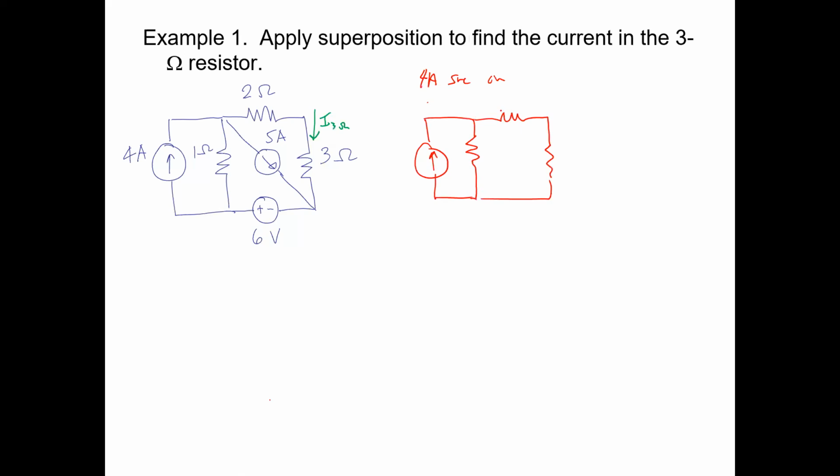And we're turning off the 5 amp source, so there is an open circuit there. And we're turning off the 6 volt source, so there's a short circuit there. And we're trying to find I1, which is the contribution to the 3 ohm current that is just due to source number 1 being on. So we still have our 4 amp source.